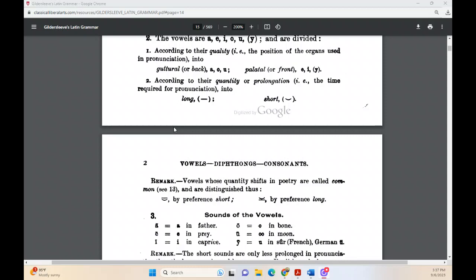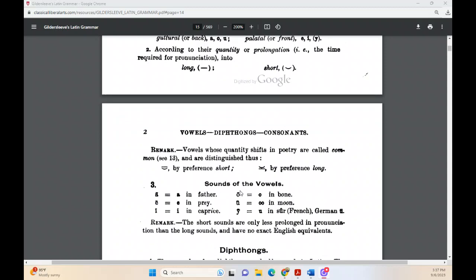It doesn't have to do with different sounds of the vowels. There's only one sound for each vowel in Latin, but they can change in the length of the time that they're spoken. Okay, so the second way to group the vowels is by long and short. And we'll see exactly how these sound in Article 3.